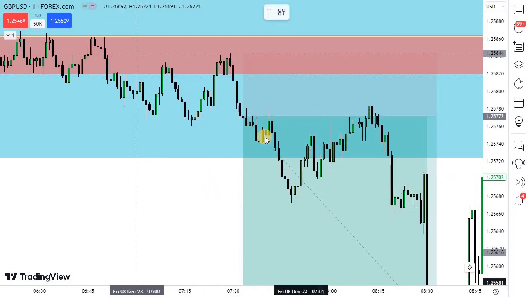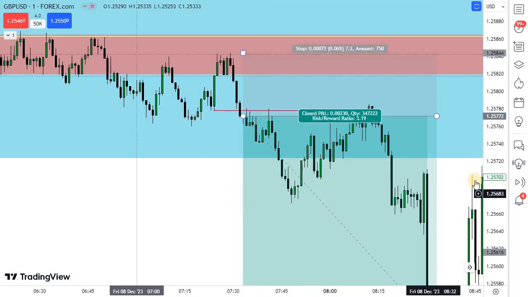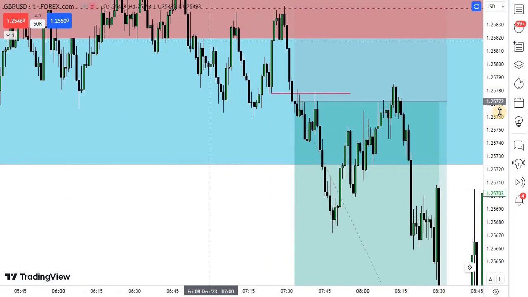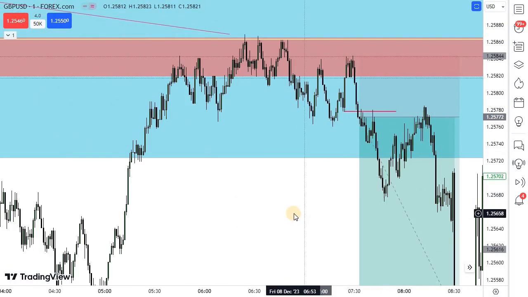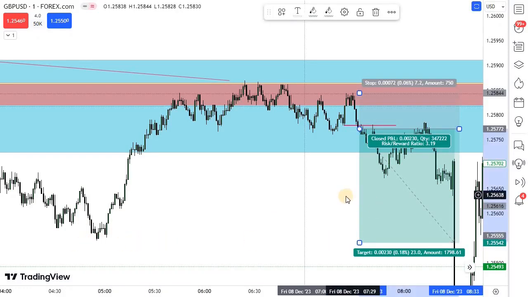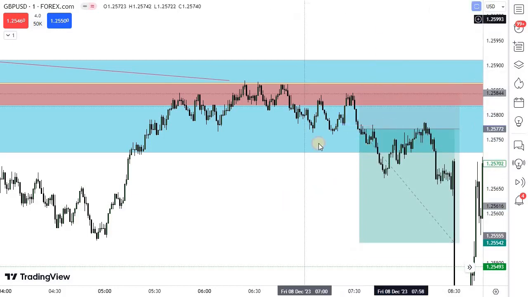So in the New York kill zone, I entered the trade on this bearish order block, and there was also a small fair value gap here. I entered the first trade there and exited the trade below this low. So that trade panned out beautifully, and let's move on to the next trade.